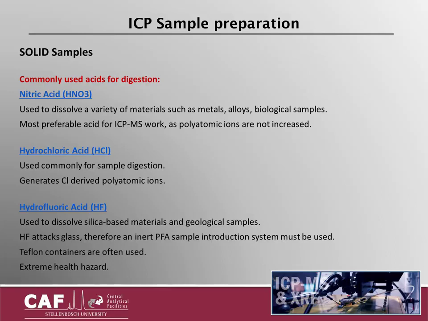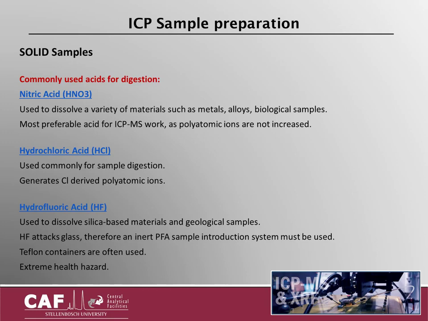It can increase the temperature of digestion, and it's beneficial when you've got elements such as mercury that you want to keep in solution. In high concentrations, it can generate some interferences in the ICP-MS, so it's not ideal to do digestion only in hydrochloric acid when you've got small sample volumes and you do measurement for trace elements.